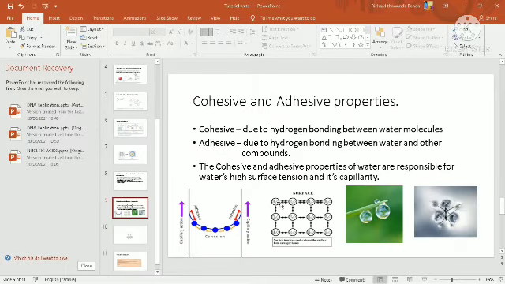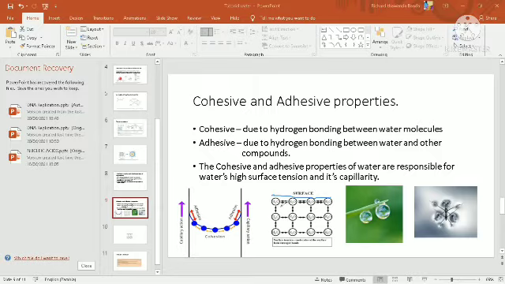As a result, the water molecules at the top form stronger hydrogen bonds, and this creates a sort of skin up there, and this skin is able to resist external forces. This resistance to external forces is what is known as surface tension.